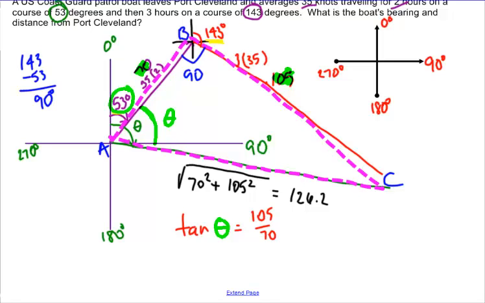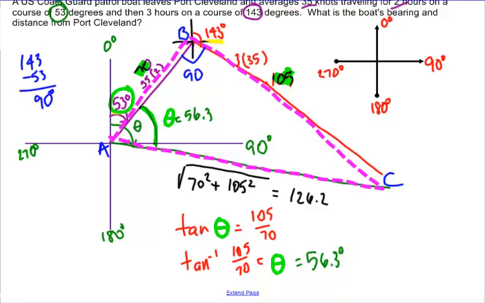I look at the arctan. So the arctan of 105 divided by 70 is equal to theta. Make sure you're in degree mode on your calculator, and when you punch this in, you'll get 56.3 degrees. This angle right here is 56.3 degrees.